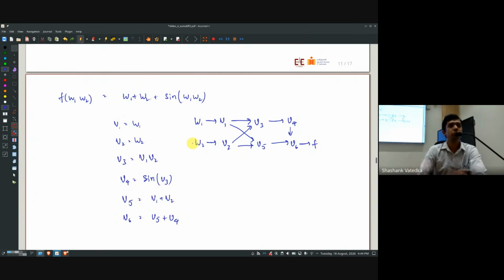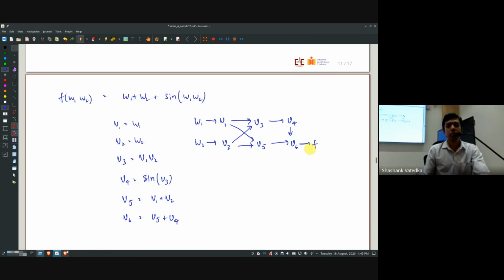And that gives you the partial derivatives of f with respect to W1 and W2. Right? So I leave it to you as an exercise to do this explicitly by hand for this function. This is a simple enough function, so you can compute the partial derivatives of f with respect to W1 and W2 explicitly.